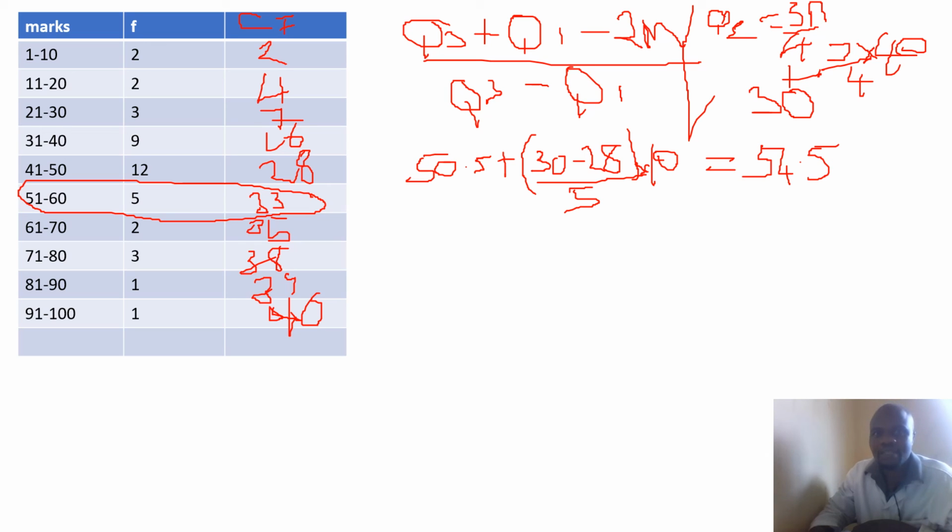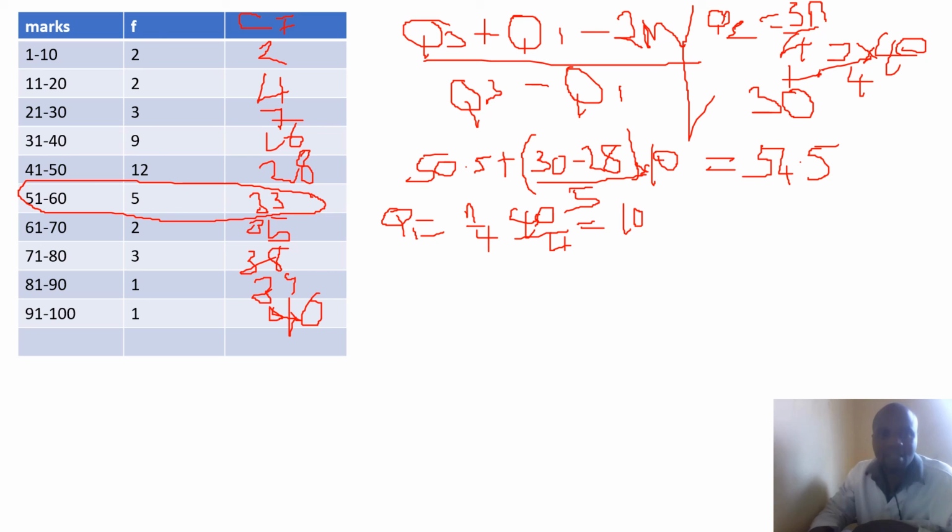So now the next thing is for me to get the lower quartile. You know that our Q1 will be given by n divided by 4. So this one is equivalent to 40 divided by 4, which is equal to the 10th position.